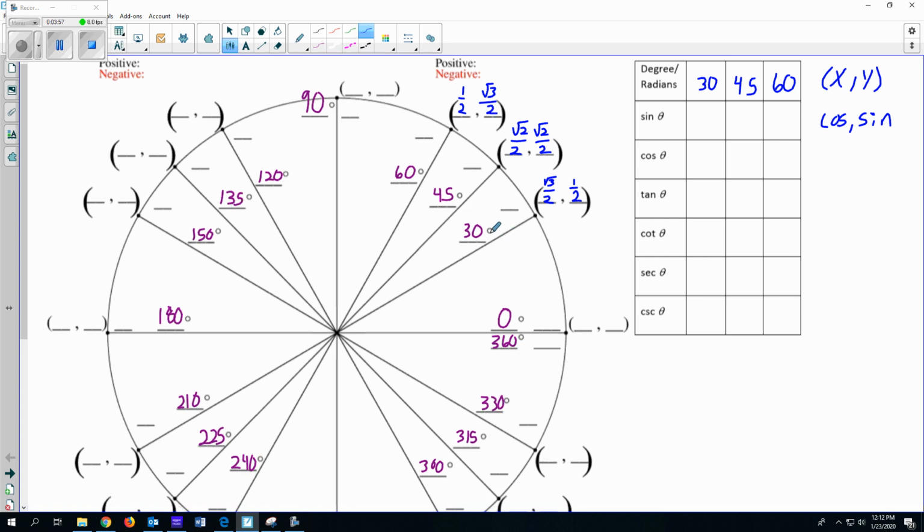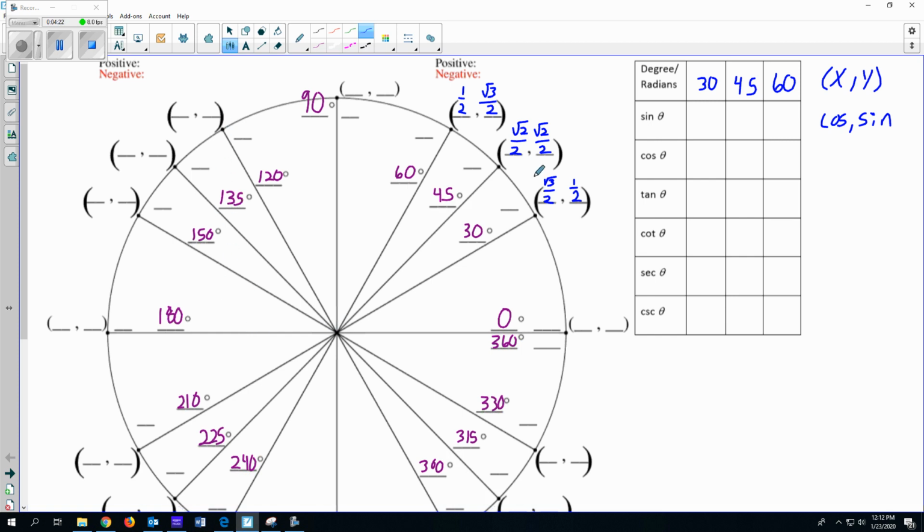Okay, so I'll fill out the other ones because it's pretty simple once you get the first quadrant, because you can reflect these values over here. The 60 degree is going to reflect over to the 120. The only difference is that now your x value is negative. From the origin moving over, my x value is negative, my y value will stay positive.